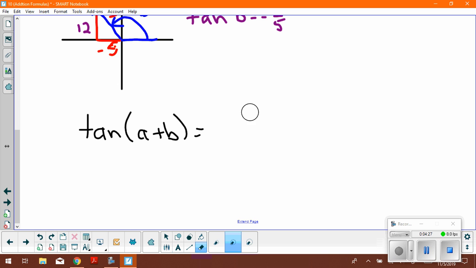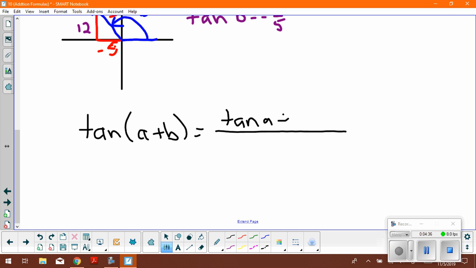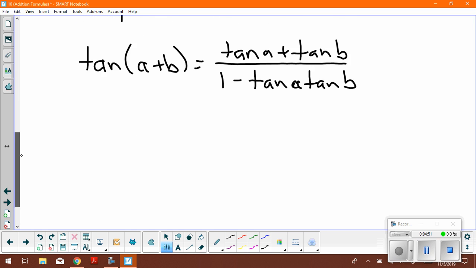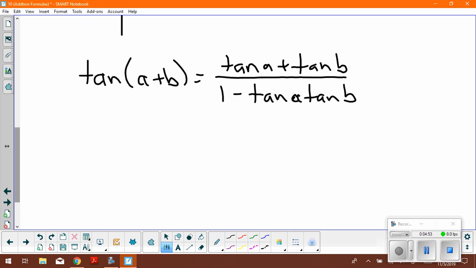Okay. So from our formulas from yesterday, what is tan of A plus B? Well, that is tan of A plus tan of B over 1 minus tan A tan B. Okay, but I know what those values are now from looking at those other ratios.